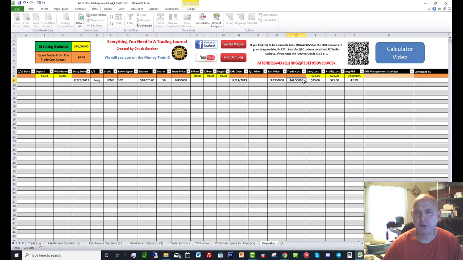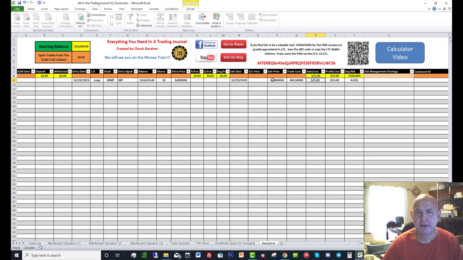My trade cost was $445.50. So I got my trade cost back, plus I got an additional $25. So that means of the $10,000 I had here to risk, I risked 4% of that to gain this $25. 4% would be this amount of $10,000.